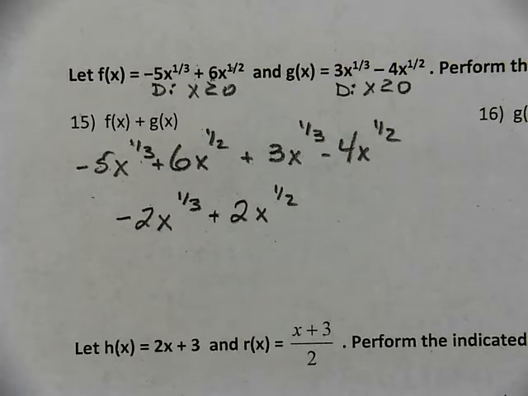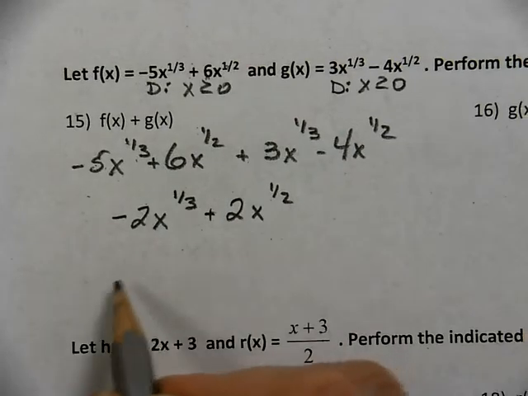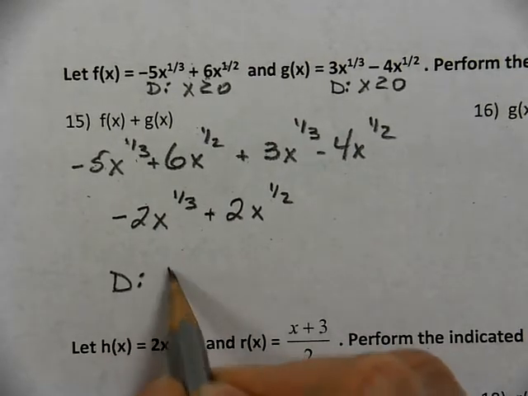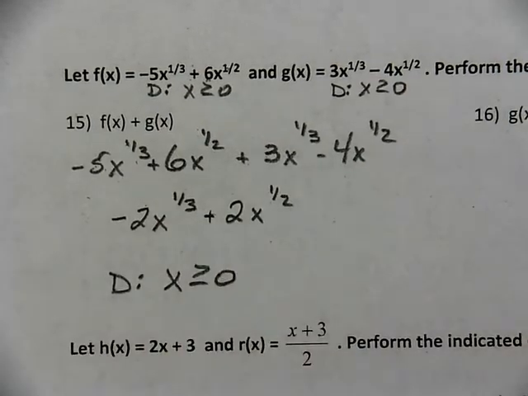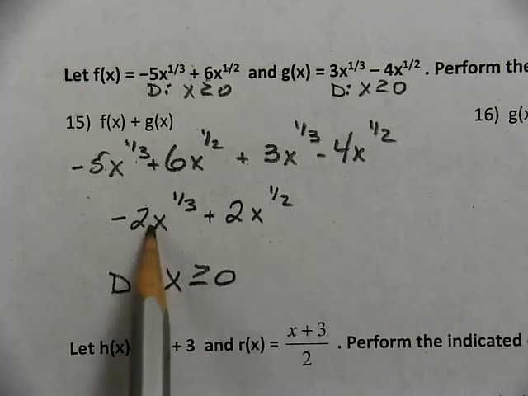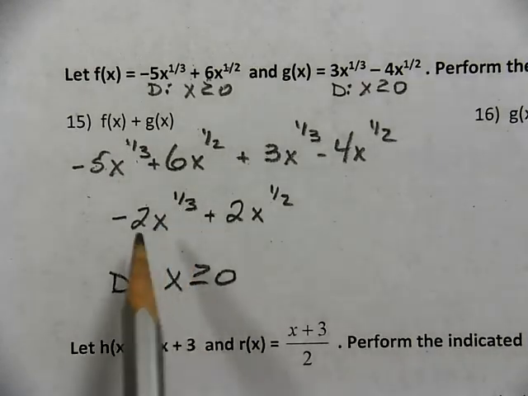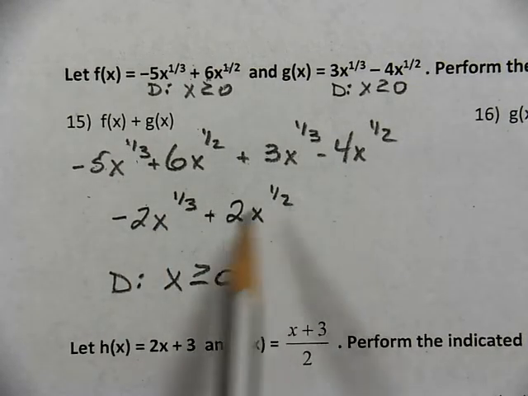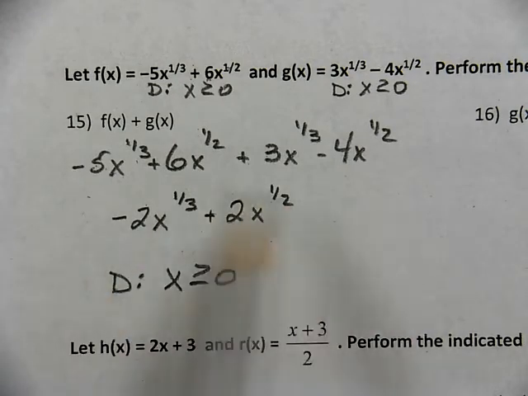That's the best we can do. And again, our domain would be x is greater than or equal to 0. All real numbers for 1/3, but it's limited for the half. So altogether, you can only use the limited amount, which is the non-negatives.